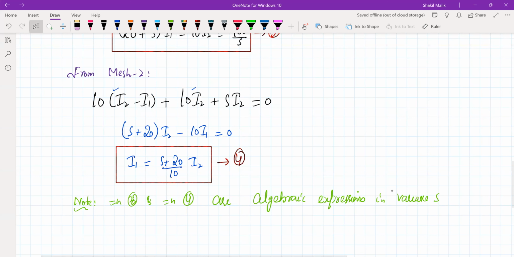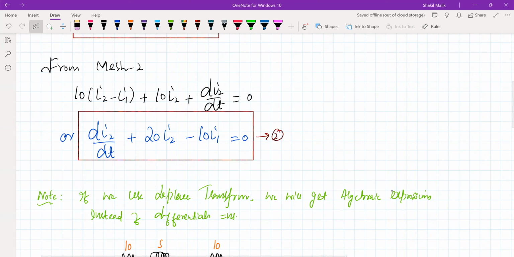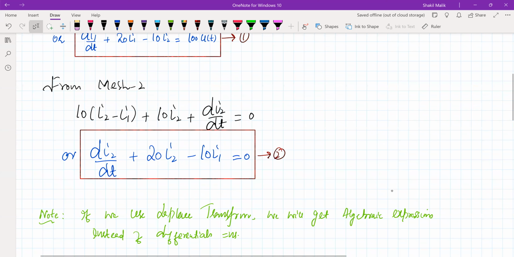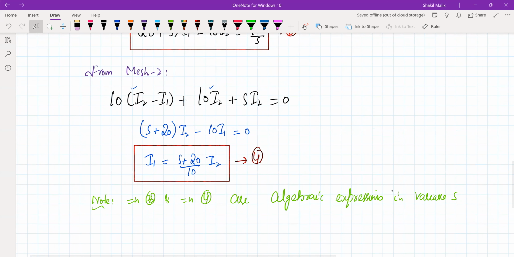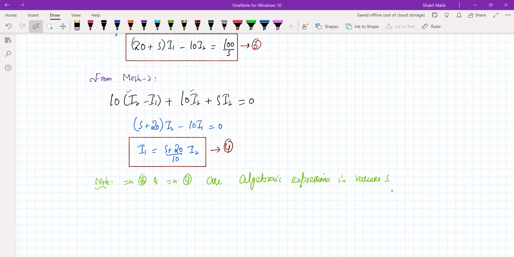So this is the beauty of Laplace transform. It converts these differential equations, or in general integro-differential equations, into algebraic expressions. And we know algebraic expressions are easy to manipulate, right? We can simplify the expression and we can get the values of I1 and I2.